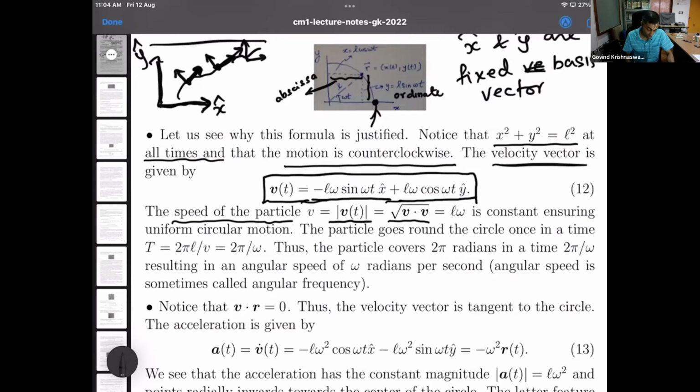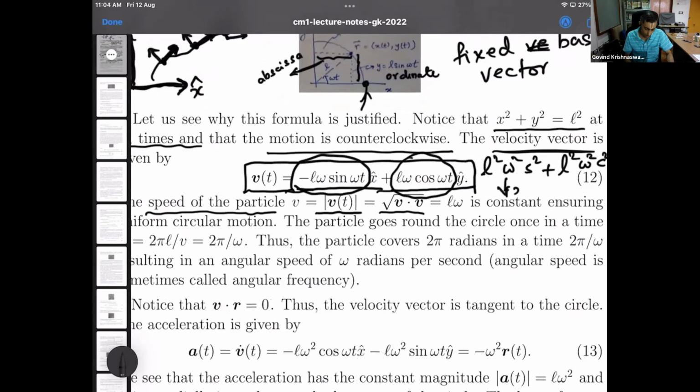So there are only 2 terms left over, namely coming from the square of this and the square of this component. All right. So you will get L squared omega squared sine squared plus L squared omega squared cos squared. And this comes with an x hat dot x hat, and this comes with a y hat dot y hat, which are both 1. And therefore, you take the square root of this sum and you get L omega.